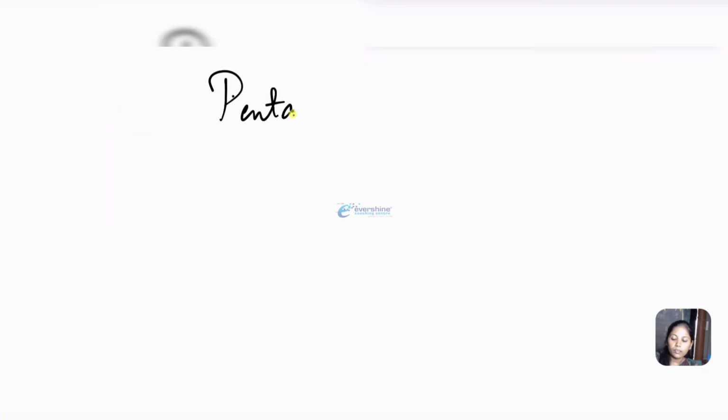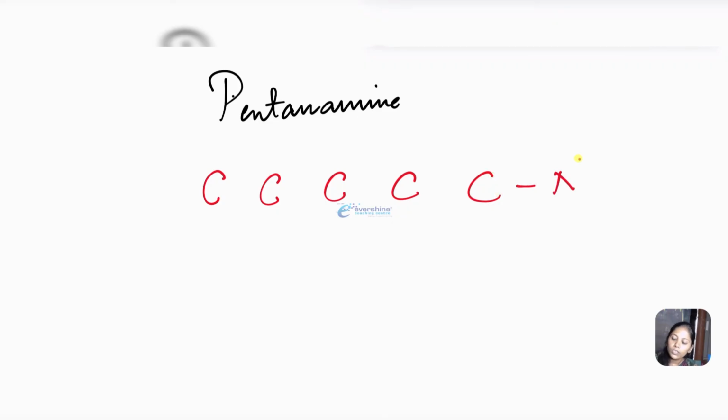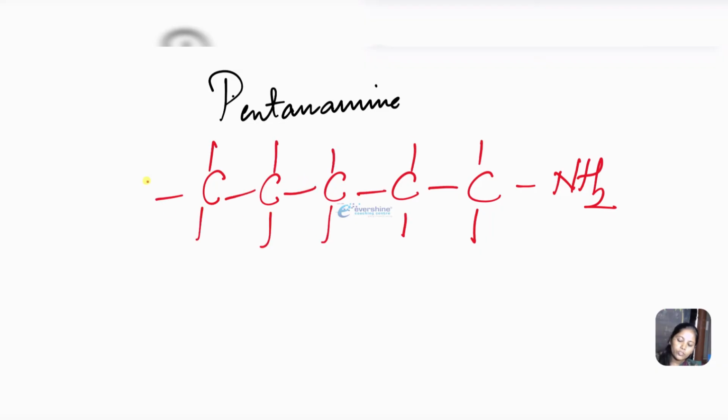Pent means how many? 1, 2, 3, 4, 5. Amine means what group? NH2 group. For each carbon, how many bonds? 4 bonds. Rest of the things, what should you write? Hydrogens. This is the structure of pentanamine.